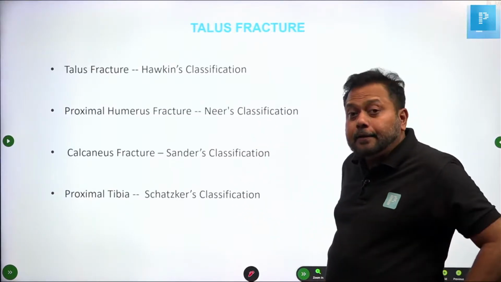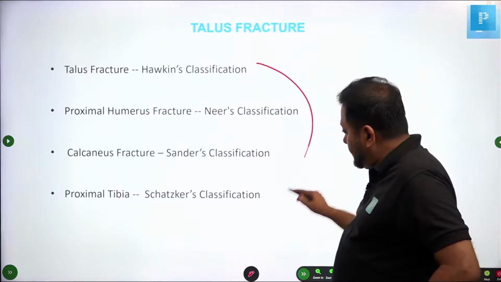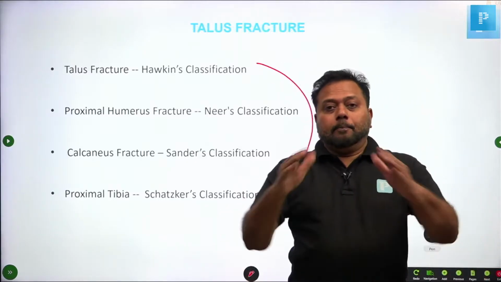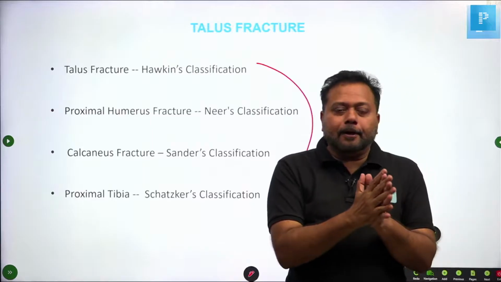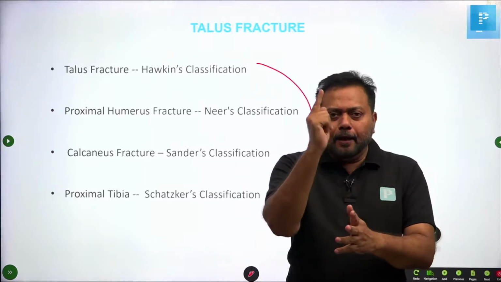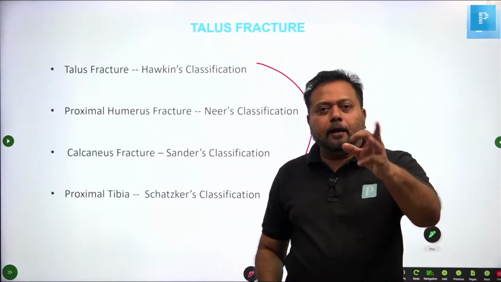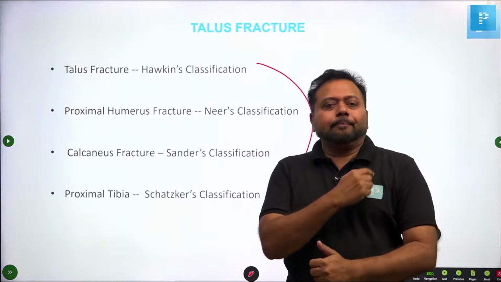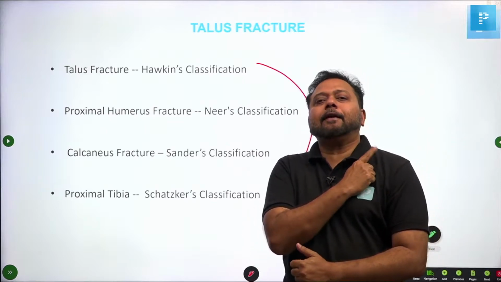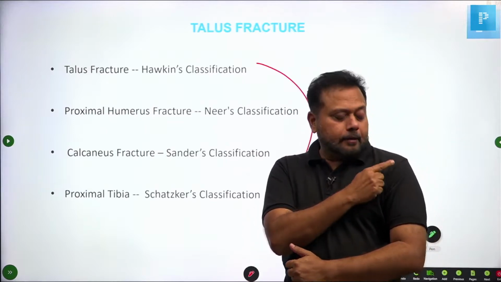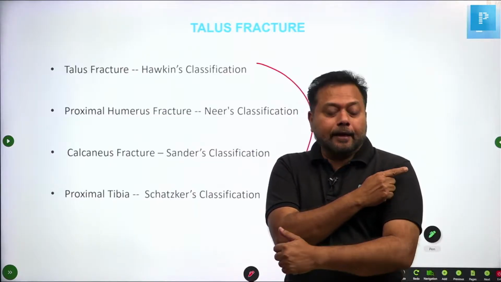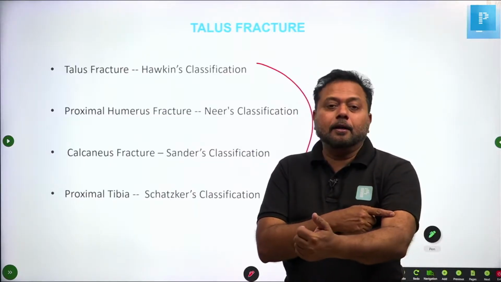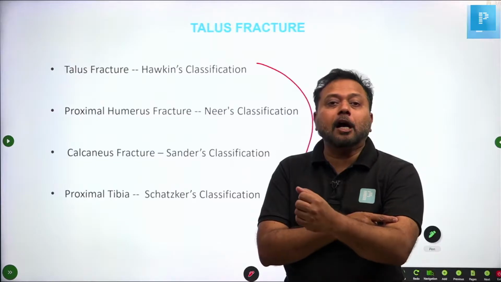Leave this. Okay, I will tell you. Please focus your fullest attention, because since you people are participating very well, encouraging me, I have to do real rapid revision. The classification system for clavicle, Allman. Proximal humerus, Neer. Distal humerus, that is supracondylar, Gartland.